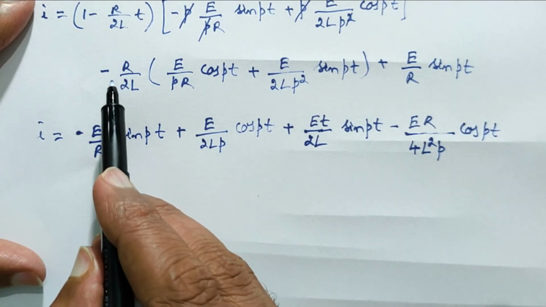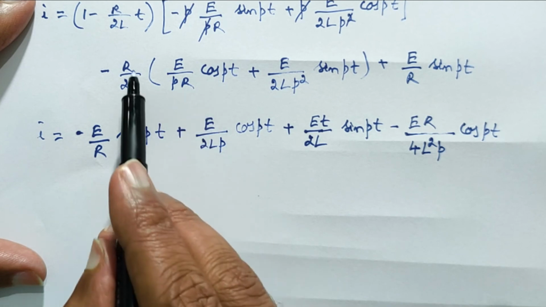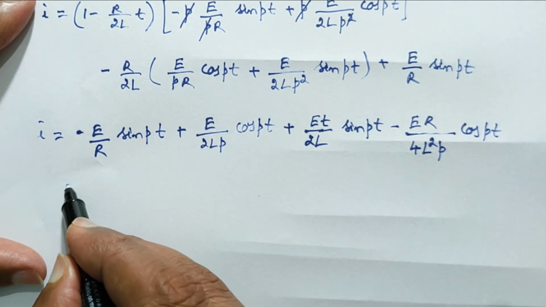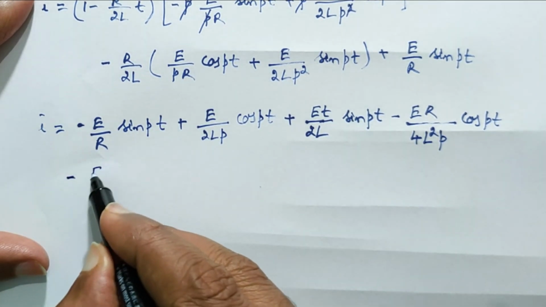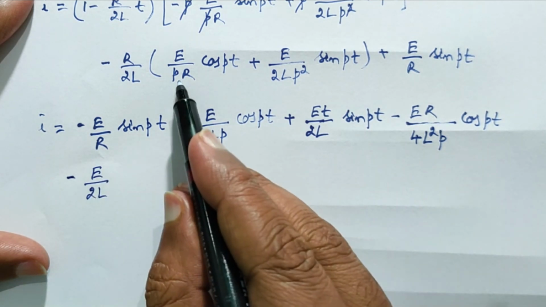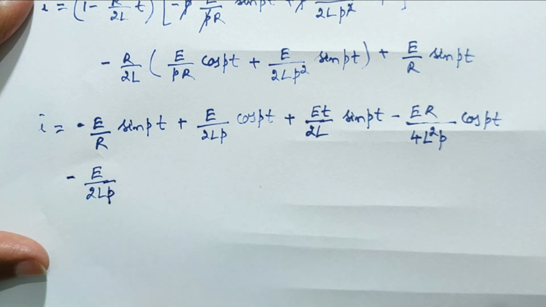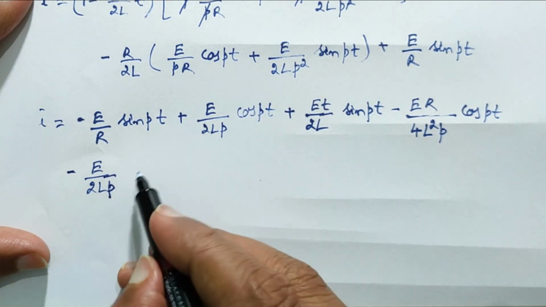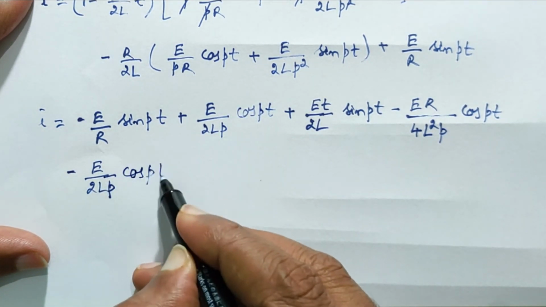Then coming to this term, you multiply this with this term, R and R will cancel out, you have minus of E by 2LP into cos of PT.